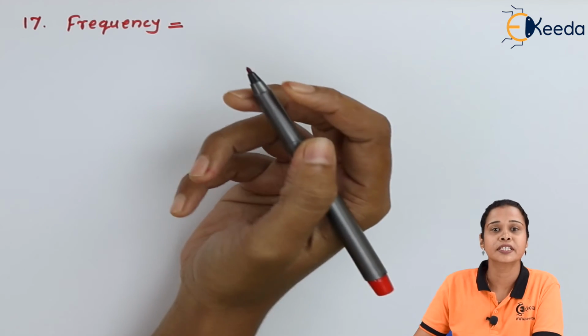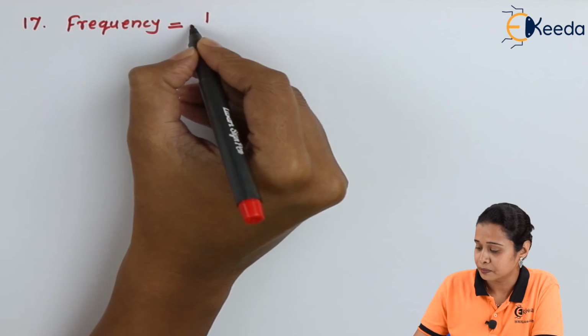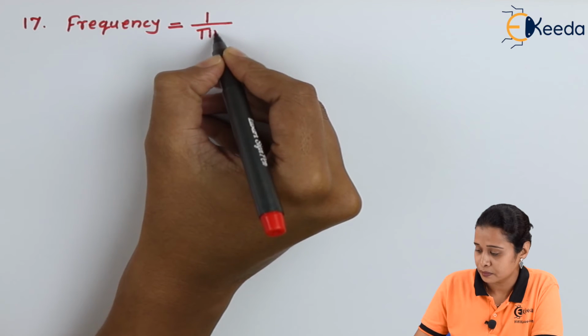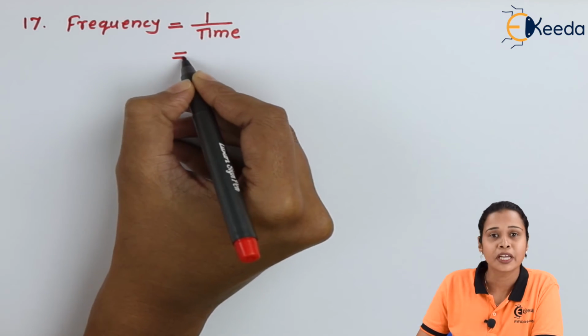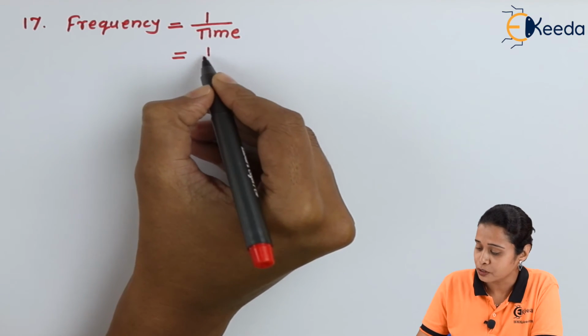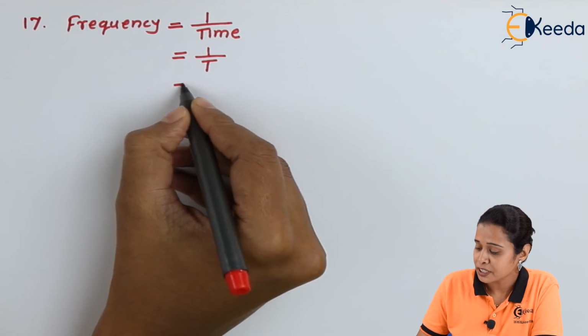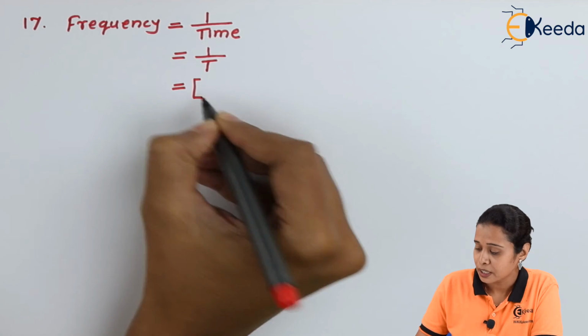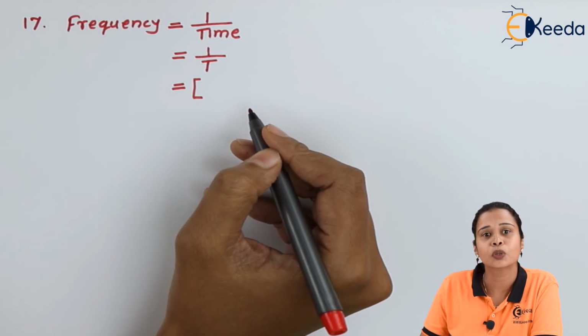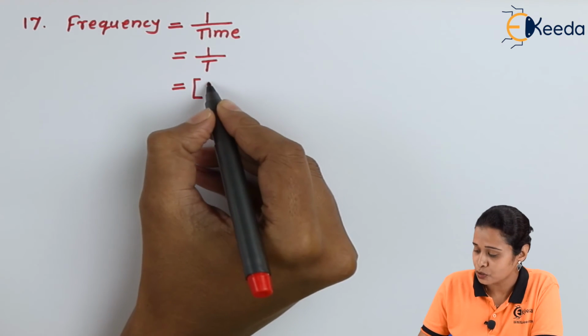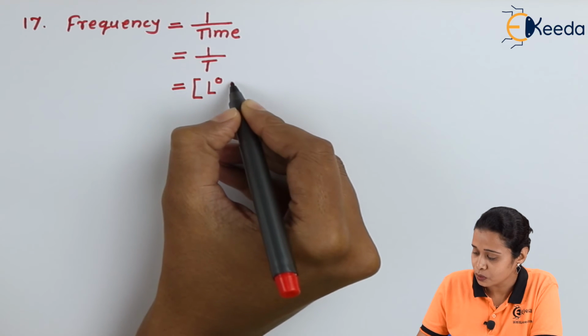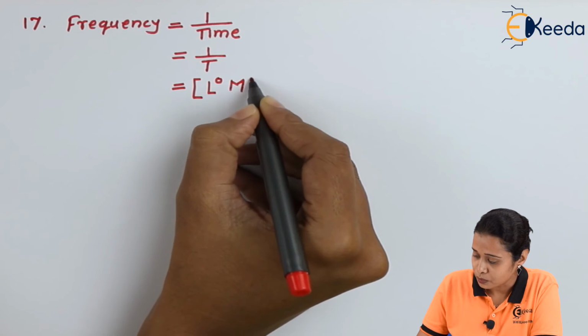We know frequency is 1 upon time. Time can be expressed in terms of T, so we'll write down 1 upon T. Hence, the dimension of frequency is, here length and mass, both the terms are absent. So here we'll write down L0, M0.